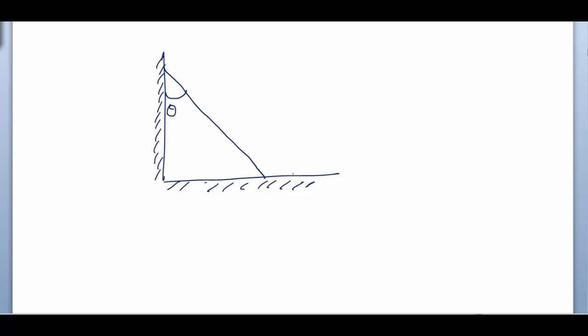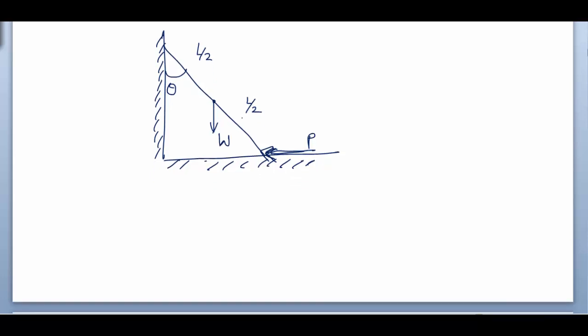We have to calculate what amount of force P should act here so that the ladder will be in equilibrium. Also the weight of the ladder is W. Length of the ladder is L, this is L by 2, this is L by 2. So we have to calculate the P.